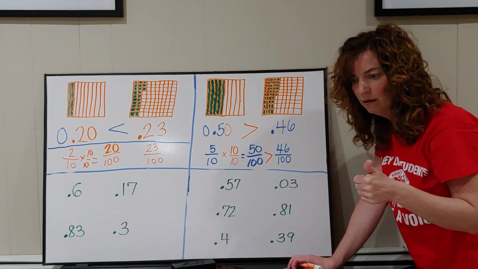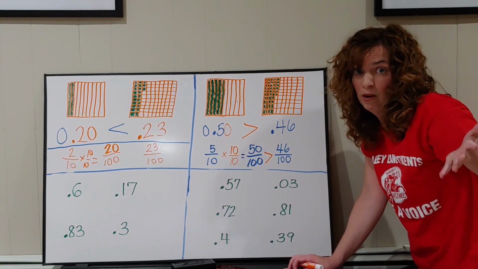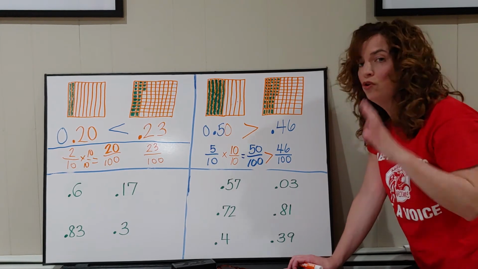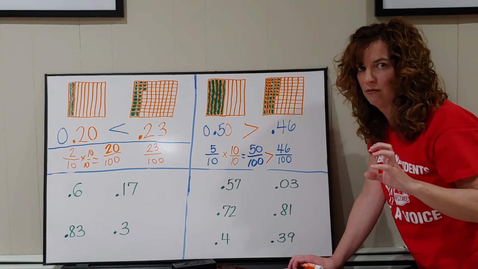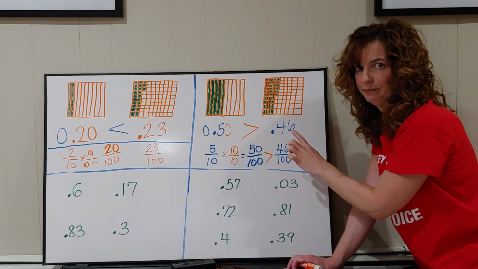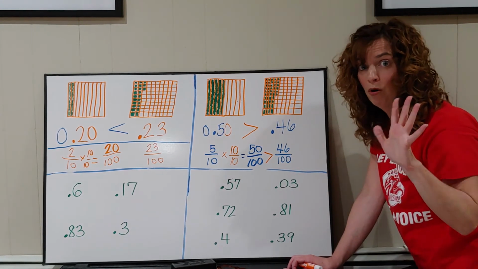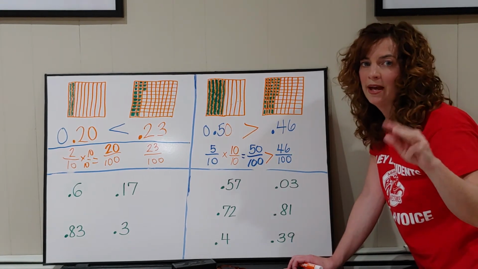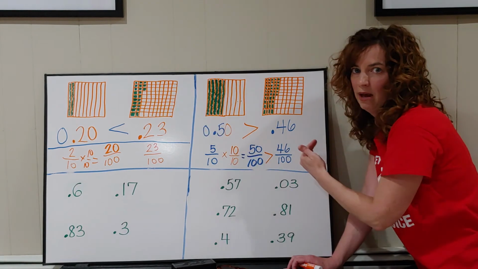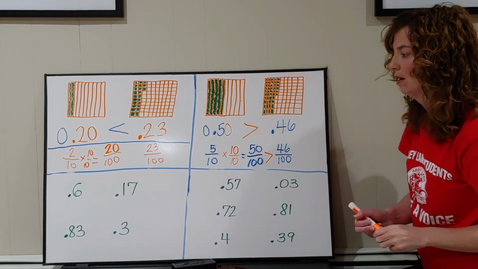If you're good, we can do a fist to 5 like we would normally do in the classroom. If you're a 4 or a 5, you can keep going. If you're a fist, 1, 2, or 3, stop the video and watch it again up to this point.